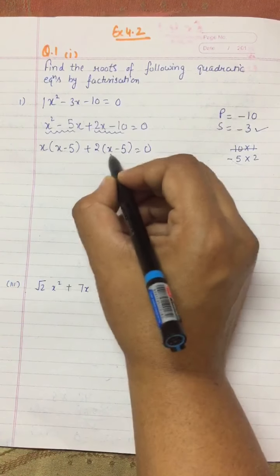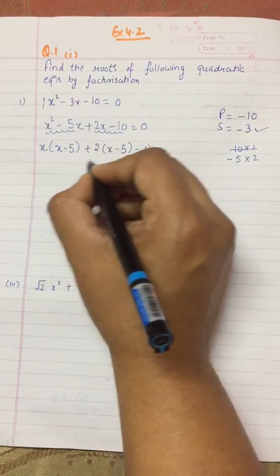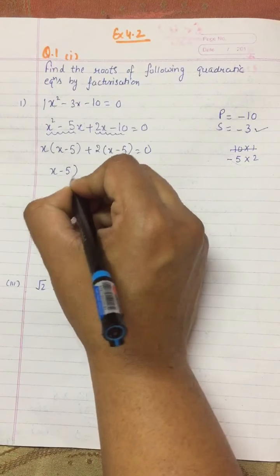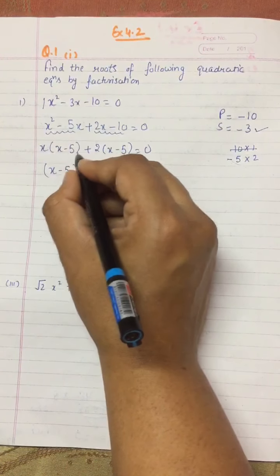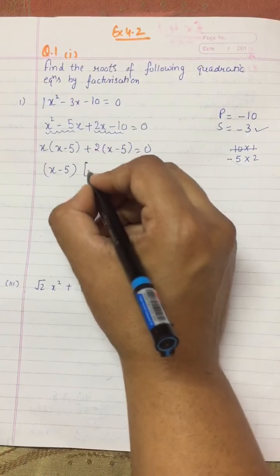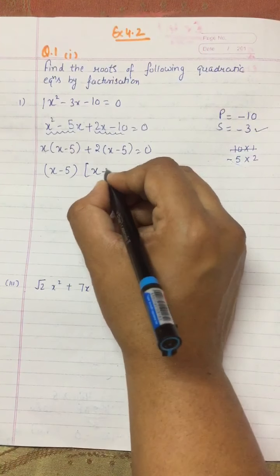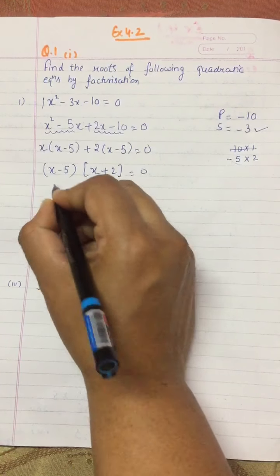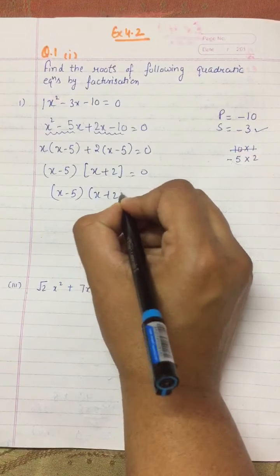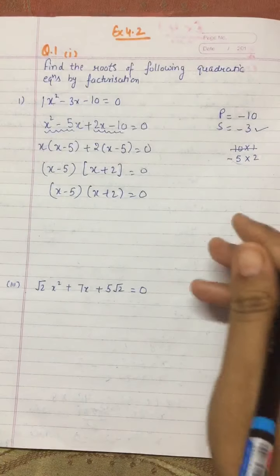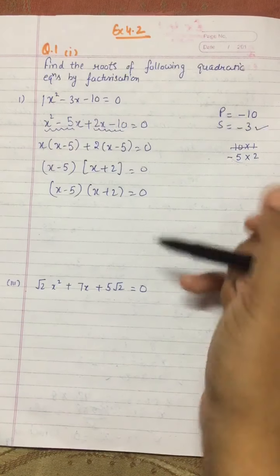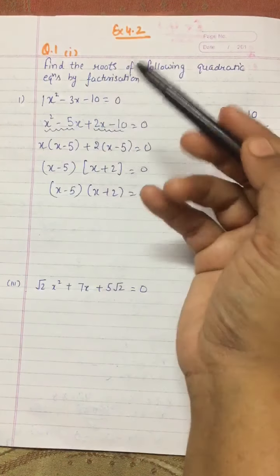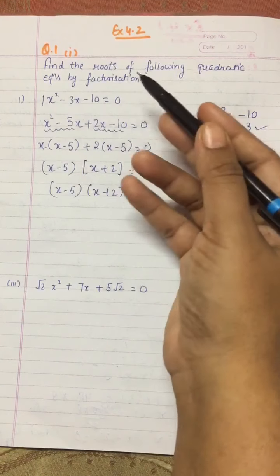So now you will take x minus 5 common out of these two terms. When you take this common, what will be left? x here, plus 2. So x minus 5 and x plus 2 equals 0. Now what will I do? I have to find the roots, means I have to calculate the value of x.